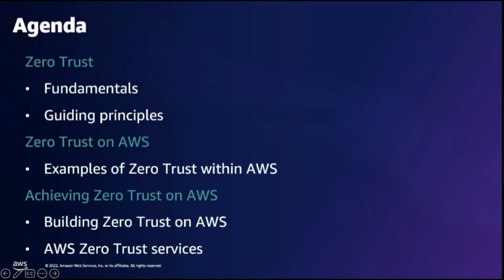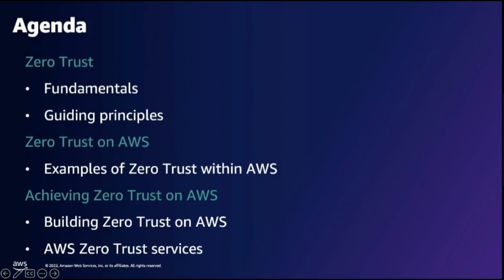All right, so this is the agenda for today. We are going to have a look at what Zero Trust is all about, and some of the guiding principles, as you're starting to think about building your applications that follow Zero Trust. We're going to have a look at some of the principles that can guide you on that journey. Then we are going to explore the AWS mental model for Zero Trust.